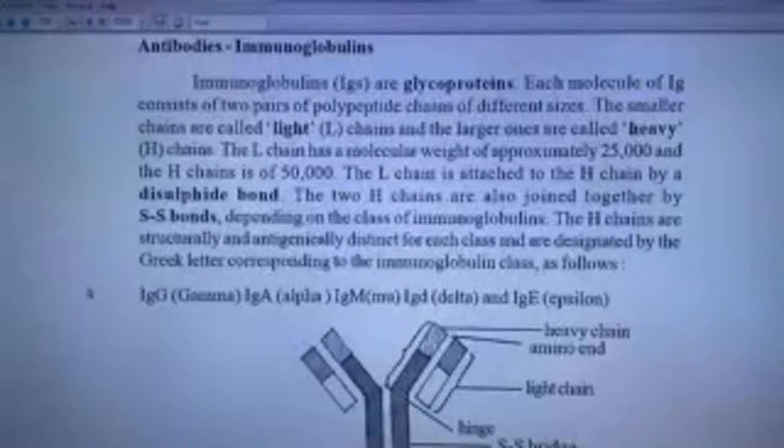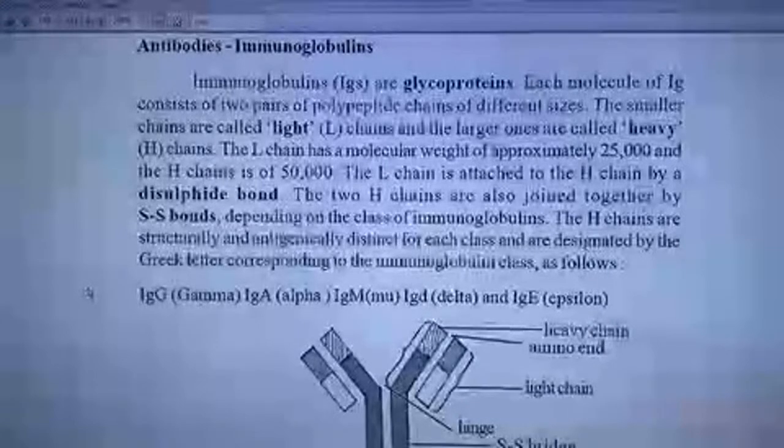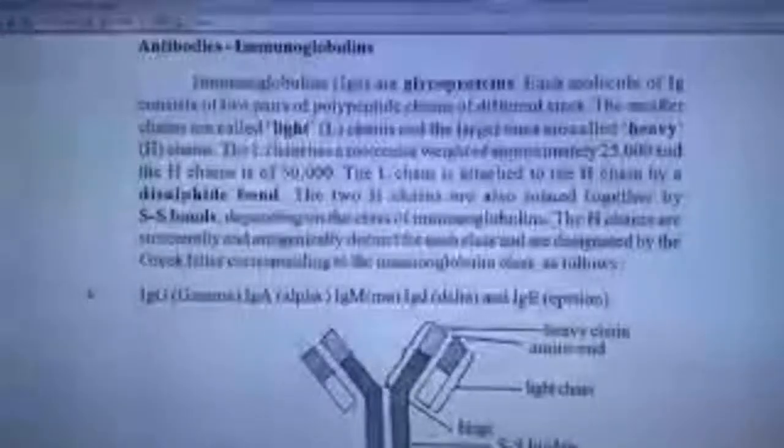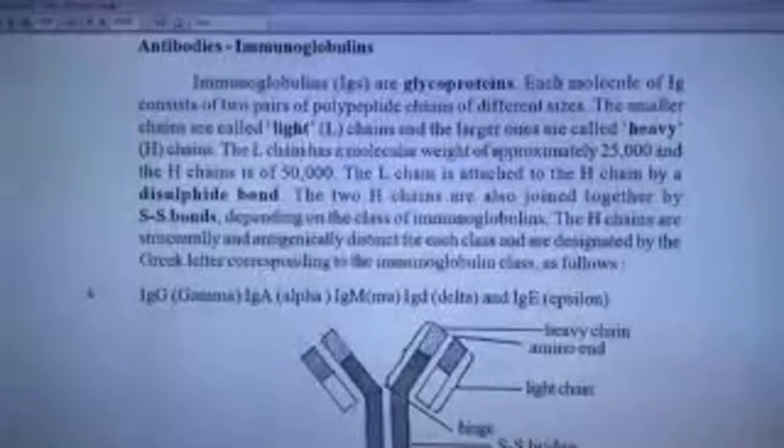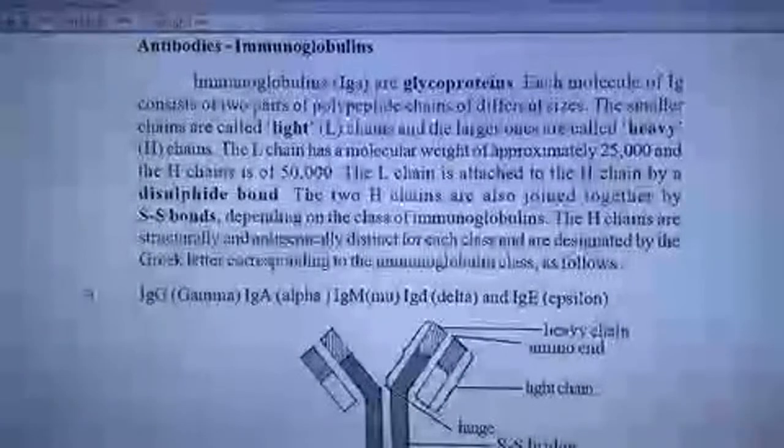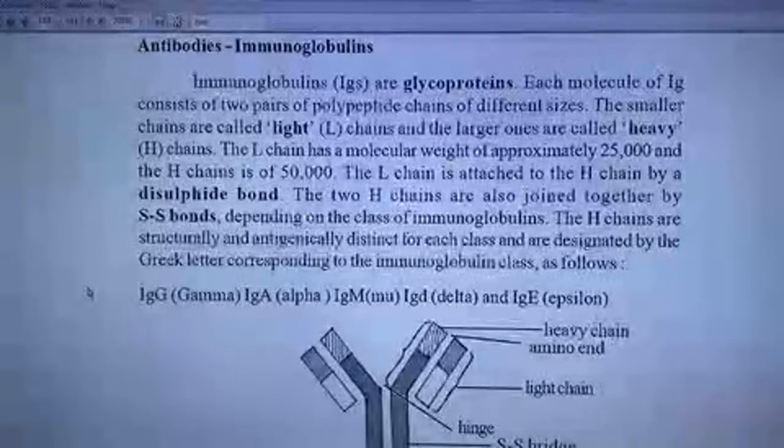Depending on the class of immunoglobulins, the H chains are structurally and antigenically distinct for each class and are designated by the Greek letter corresponding to the immunoglobulin class as follows: IgG gamma, IgA alpha, IgM mu, IgD delta, and IgE epsilon.